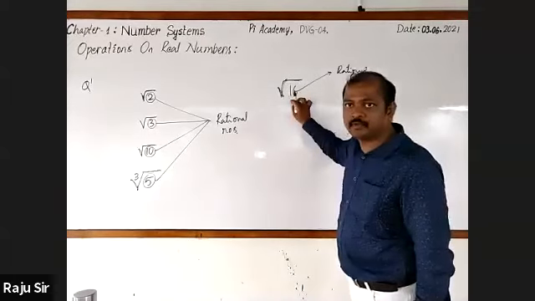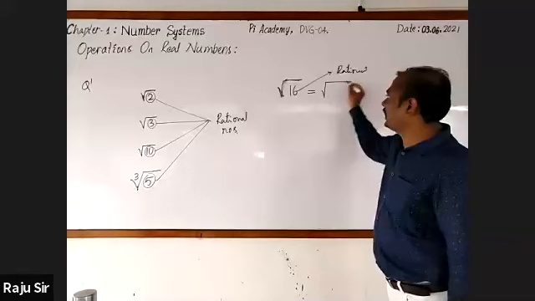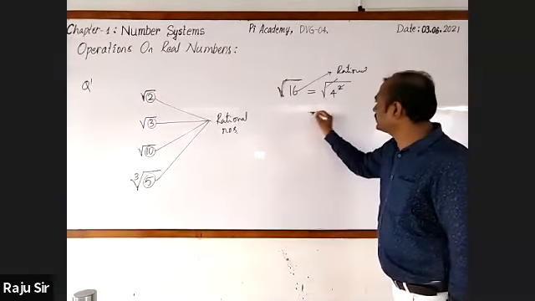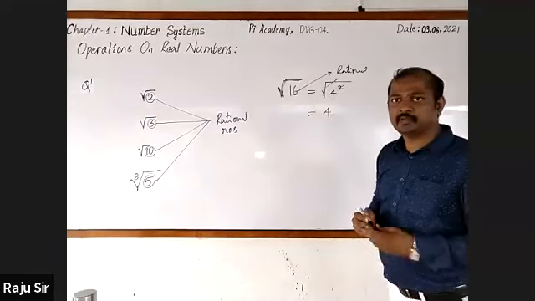Is it possible to remove the root here? How? You can write root 16 as square root of 4 square. Square and root get cancelled. Then you get 4 only. Is it not?